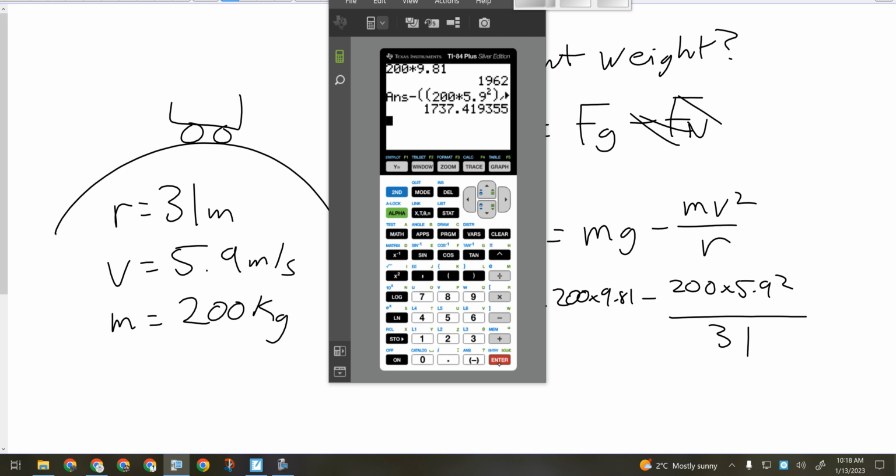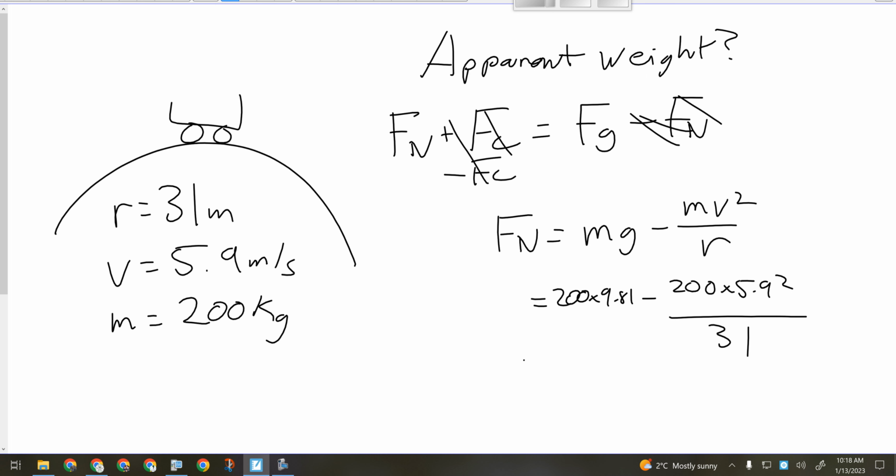Okay, so the apparent weight is going to be 1.7 times 10 to the 3 newtons. Okay, everybody all right with that?